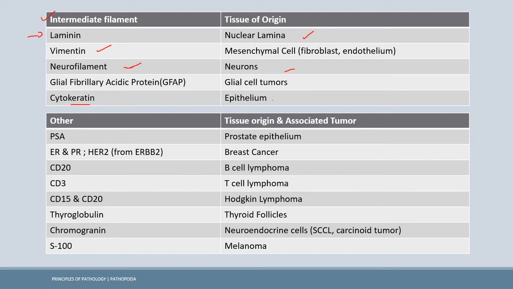Now, the PSA is useful. The prostate specific antigen is used for the prostate epithelium, and the estrogen receptor, progesterone receptor, and the HER2. These are very important for the breast cancer.